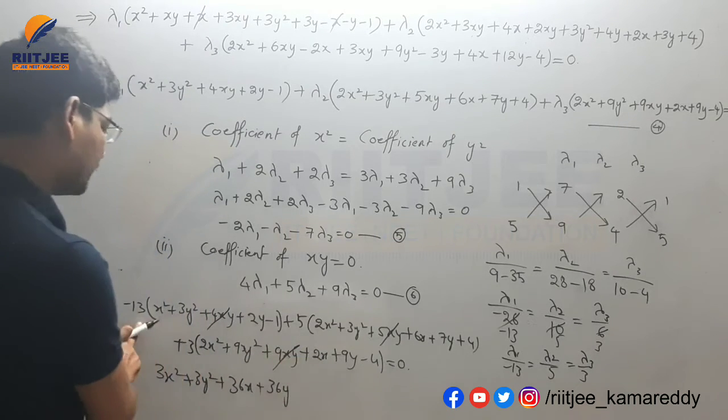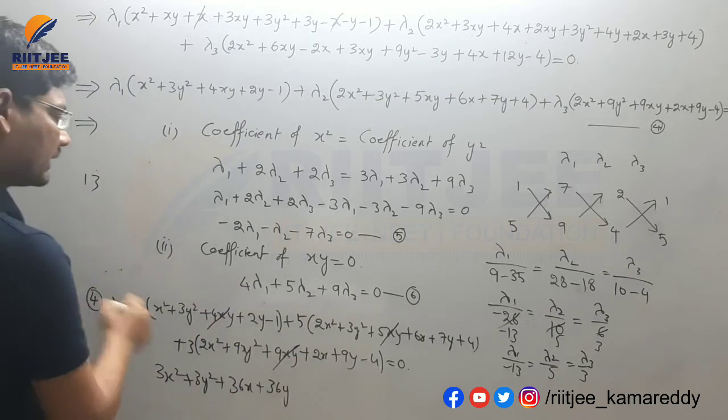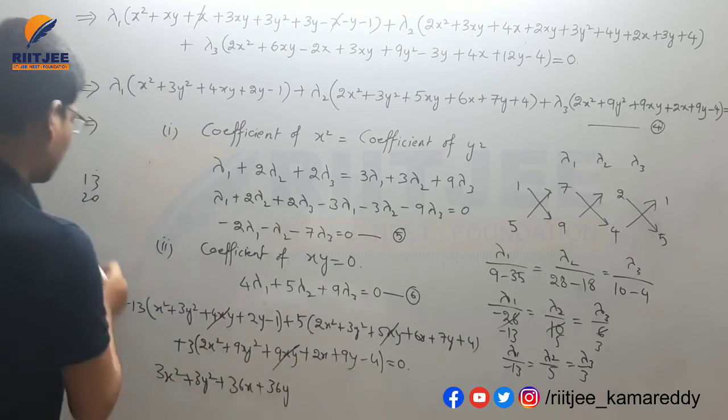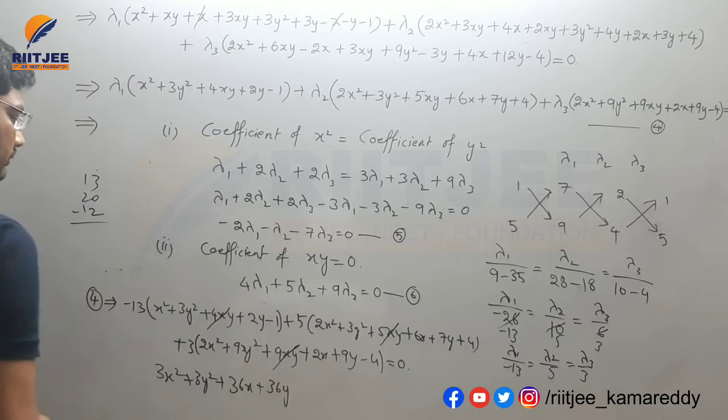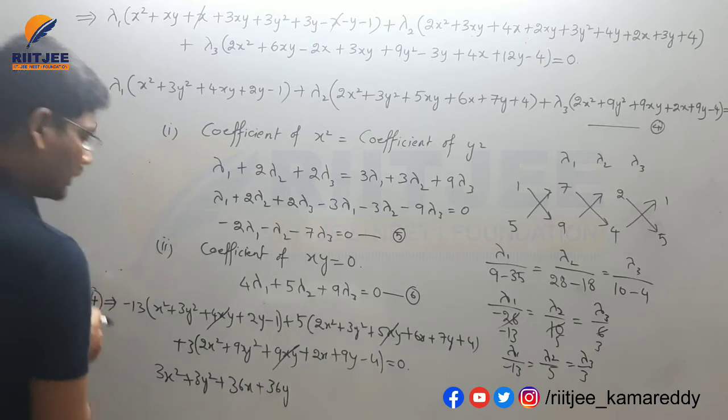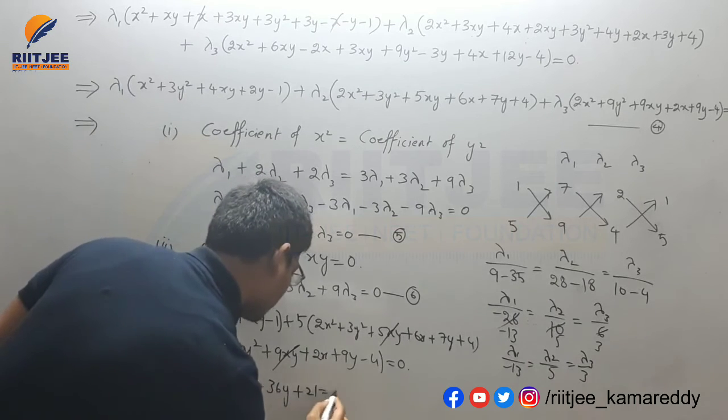Next one, the final one: minus 13, minus 2 becomes plus 13, 5 fours are 20, plus 3 fours minus 12, that will become 21 here. 21 plus 21 here equals 0.